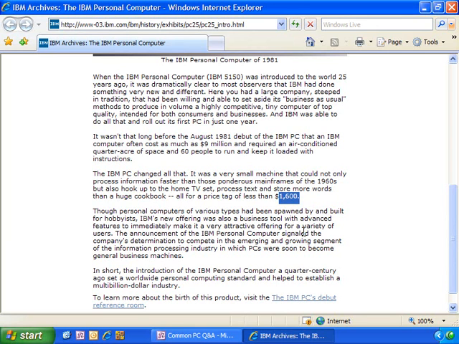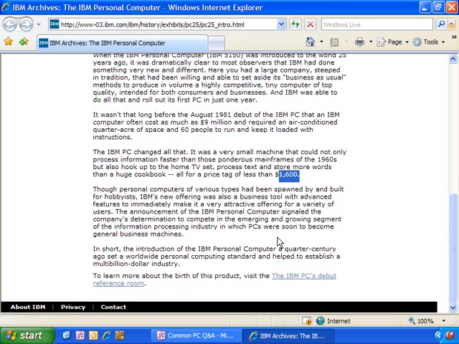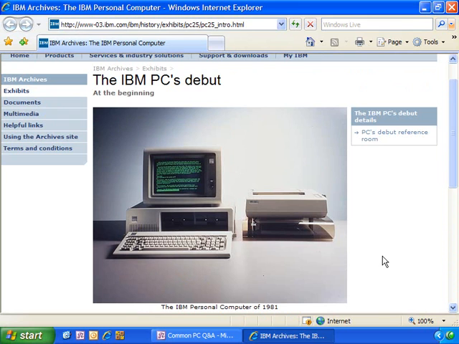That was pretty much the bottom of the line model. And over time, this IBM PC evolved into the computer market, and the standards of personal computers that we know today. So that's the original IBM PC, and I think it's important to have some idea of what it looked like and what it could do and when it first came about.